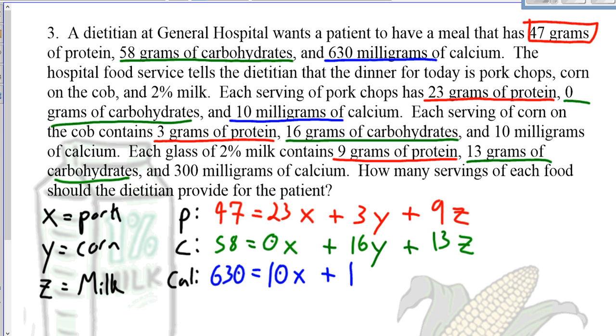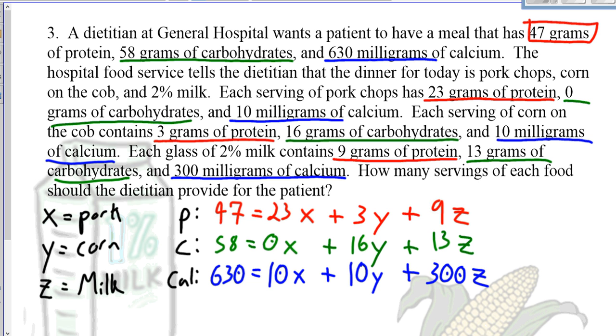Well, I'm going to get 10 again from my corn. Okay. And the third piece is how much calcium I get from my milk. Well, that's a big whopper. We all know milk's rich in calcium, and that's 300 milligrams for my milk.